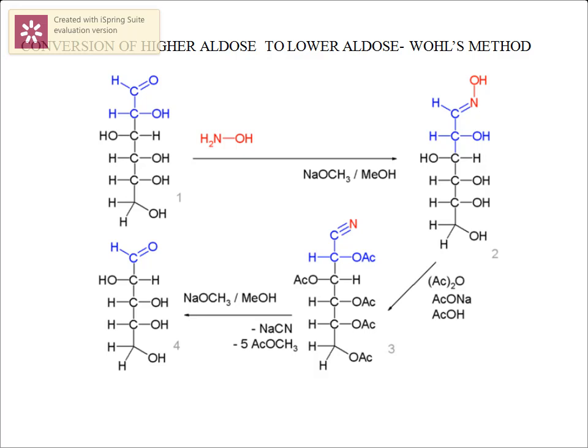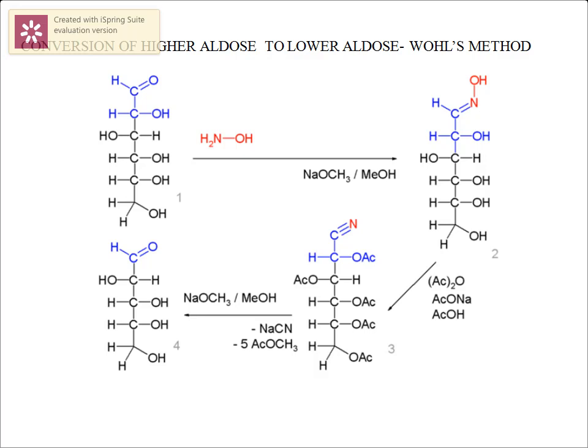You can see glucose on treatment with hydroxylamine. An aldehyde on treatment with hydroxylamine gives an oxime. So glucose on treatment with hydroxylamine gives this oxime, which on treatment with acetic anhydride, all the OH groups will be protected as acetyl, and a dehydration takes place at the oxime part, as acetic anhydride is a dehydrating agent.